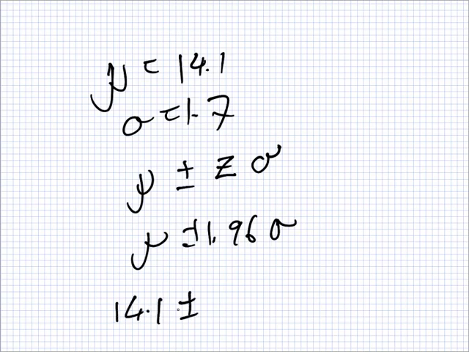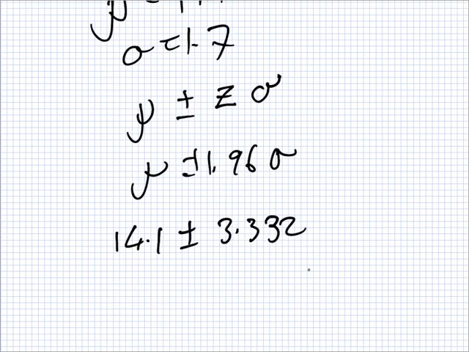So it's going to be 14.1 plus or minus 1.96 times 1.7, which is 3.332. So we have 14.1 plus 3.332. So at the upper end we have 17.4 centimeters, and at the lower end we have 10.8 centimeters.